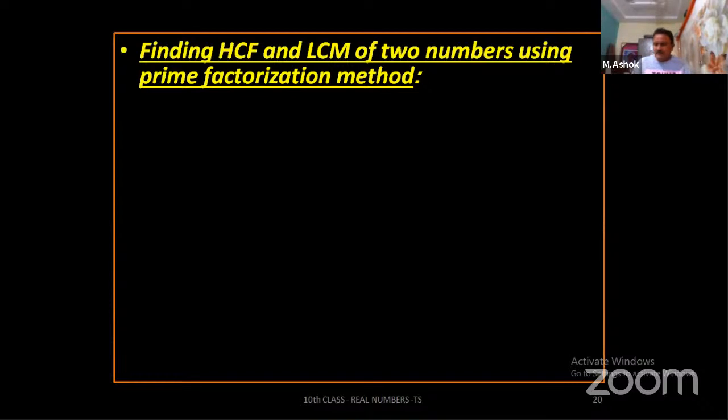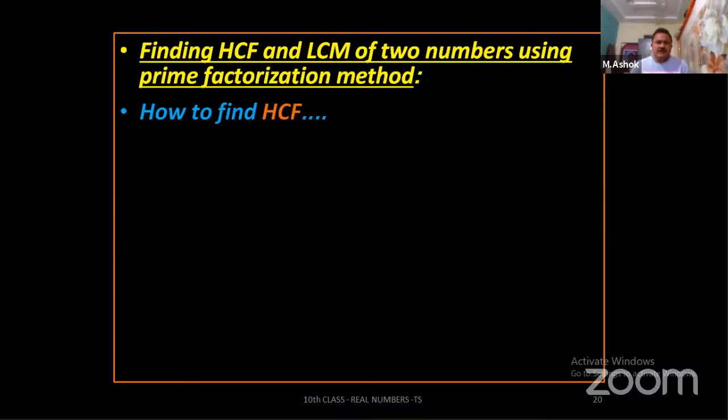First of all, let us see how to find HCF and LCM with the prime factorization method. So how to find HCF? Now tell me, what is HCF? Yes, highest common factor.